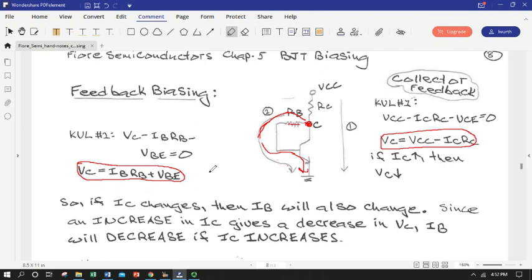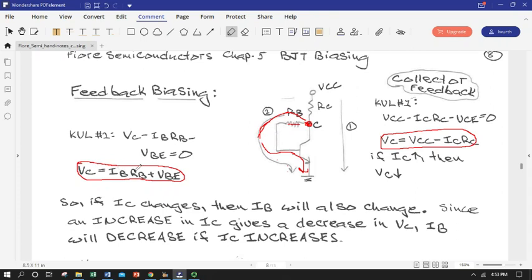I can also say something interesting about what happens to base current just by looking at these expressions. From this expression over here, I notice that if collector current increases, collector voltage, V sub C, goes down. Okay, if V sub C goes down, coming over here, then that means base current has to go down.